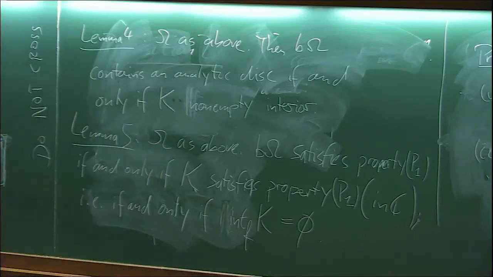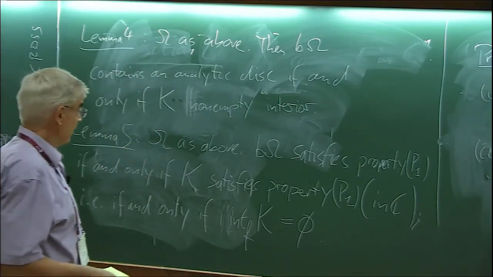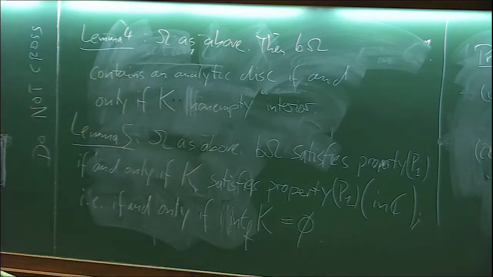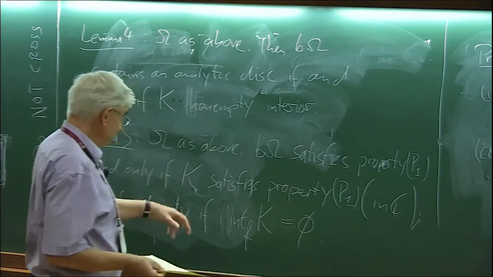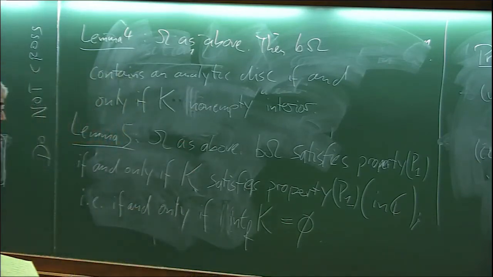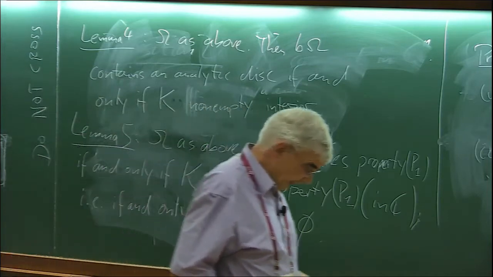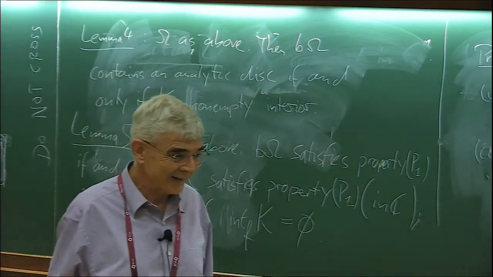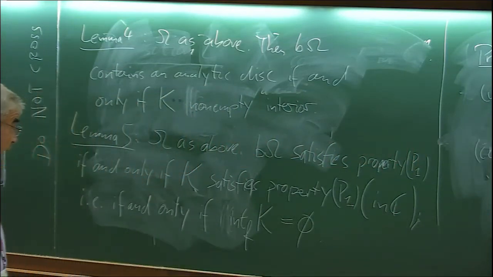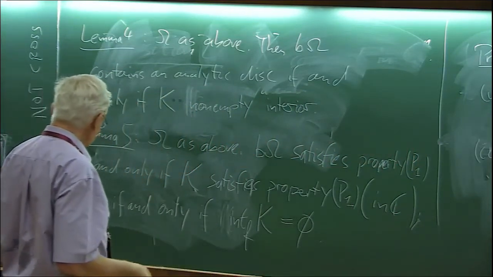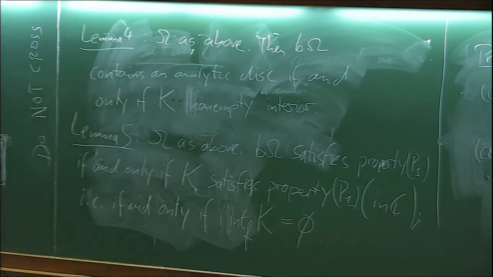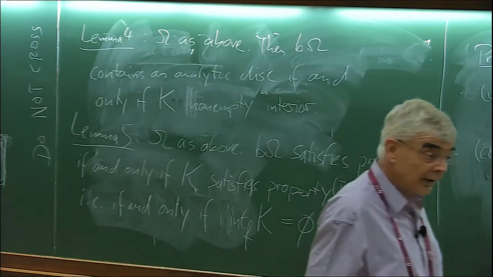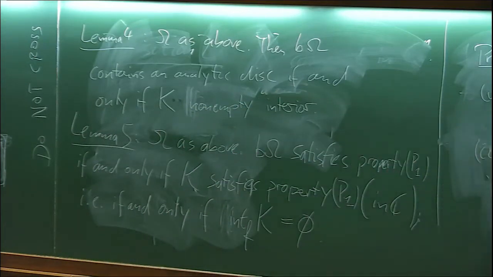The boundary contains no analytic disk if and only if K has empty interior, right? The boundary satisfies property P if and only if K has empty fine interior. Now the point is, the fine topology has many more open sets than the Euclidean open sets, and so what we get immediately from this is that property P1 can fail without there being a disk in the boundary.